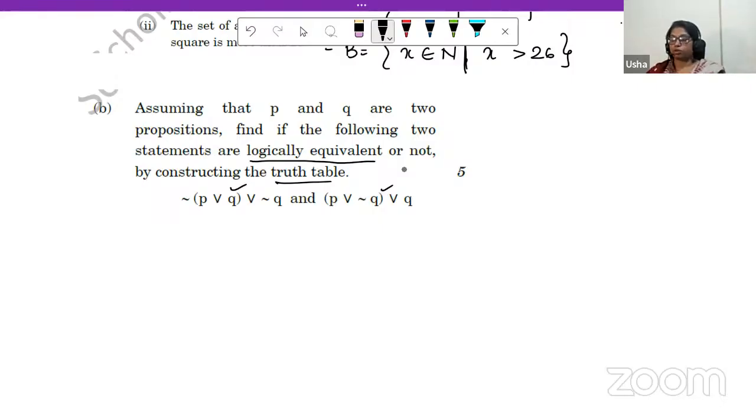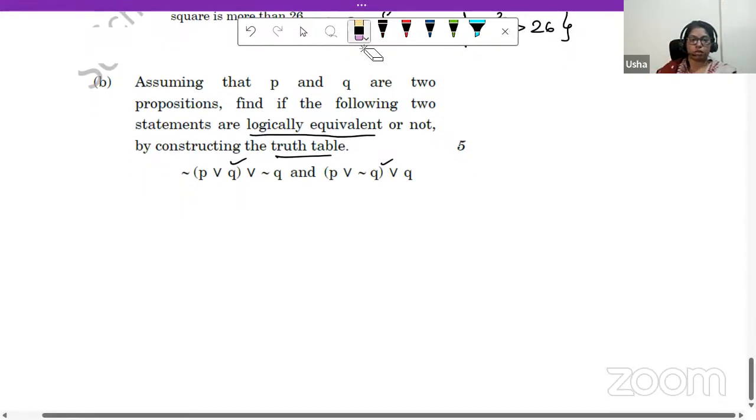Sometimes they will ask you to find whether a given logical expression is a tautology or a contradiction. Tautology means all the truth values in that column should be true. Contradiction is where the entire column values will be false, the final column. In that case, it is a contradiction. So for all these things, you will be basically writing truth table. Procedure for writing truth table will be same in all these problems.